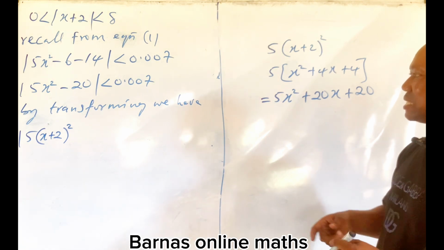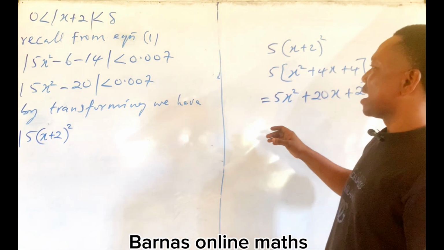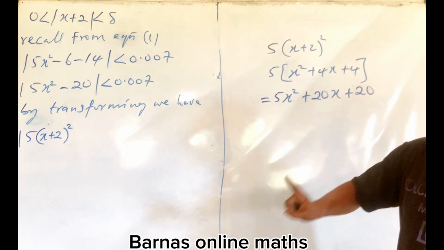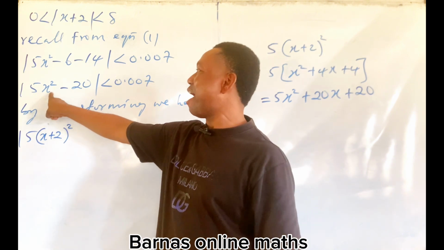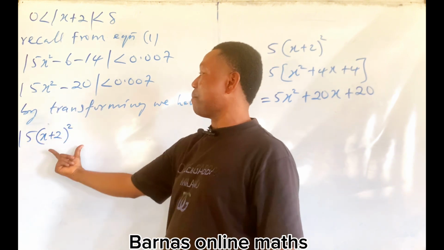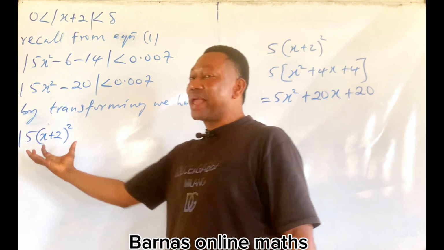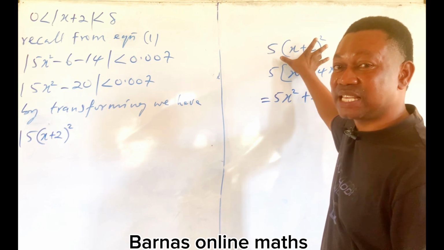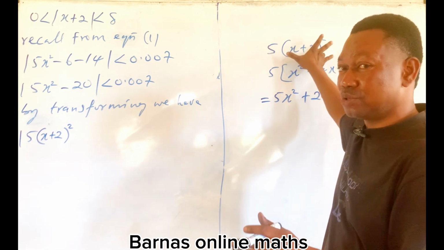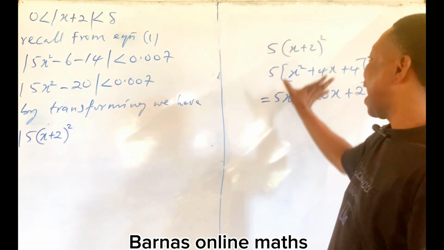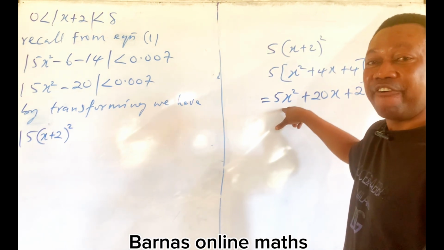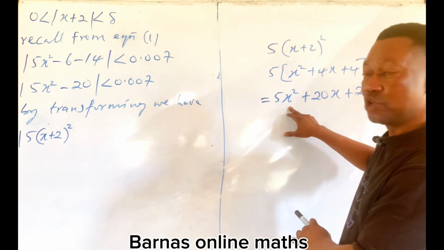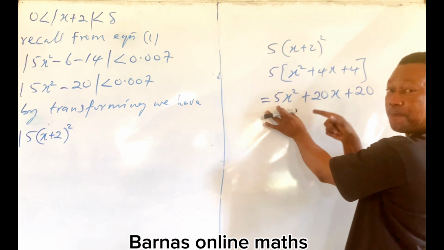So you find that we have already gotten that 5x squared that had been transformed. Remember, in this first term, we only have 5x squared, and after transforming, we have this. So we bring this out to expand and simplify, in order to see what has been introduced. After simplifying, we were able to regain the 5x squared that was supposed to be there.